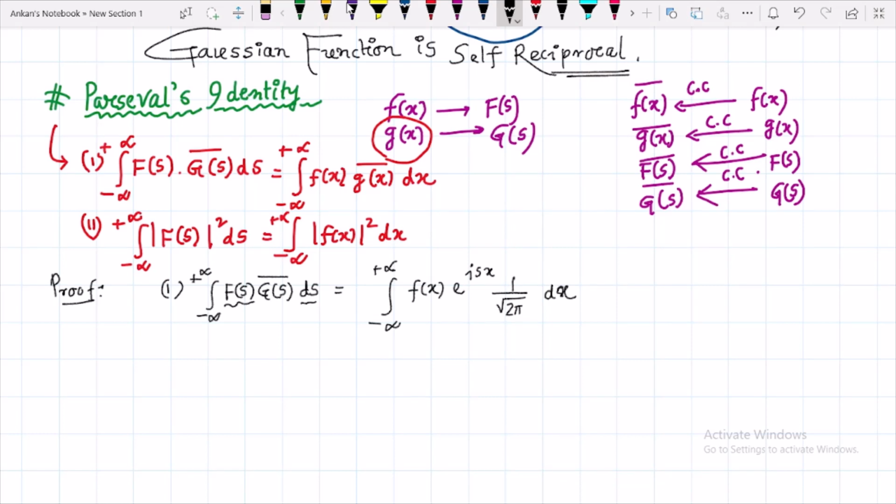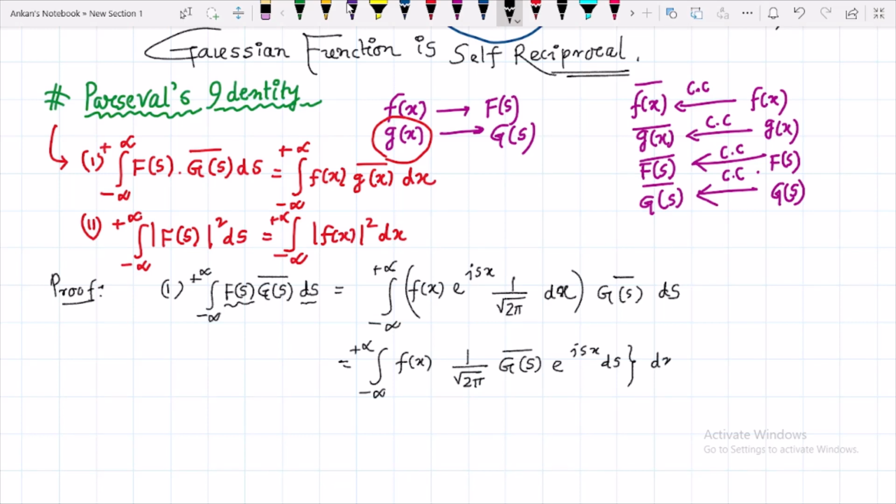Okay, this part is covered. Now G bar(s) is present here as well as ds. Now you can arrange them in a proper way, f(x), and we can arrange it in such a way that this gives out this.